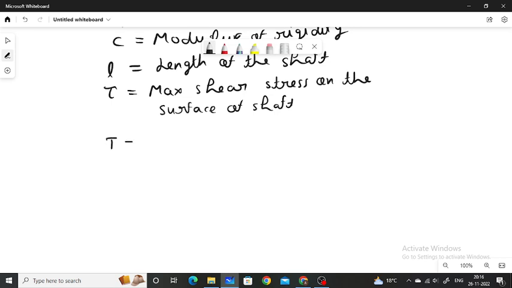Now T will be equal to tau into Ip upon R, and theta will be equal to tau L upon CR.